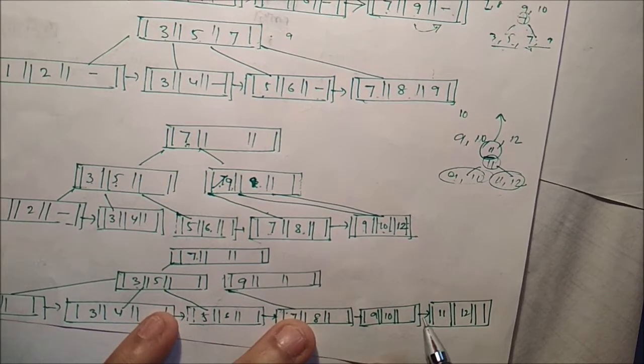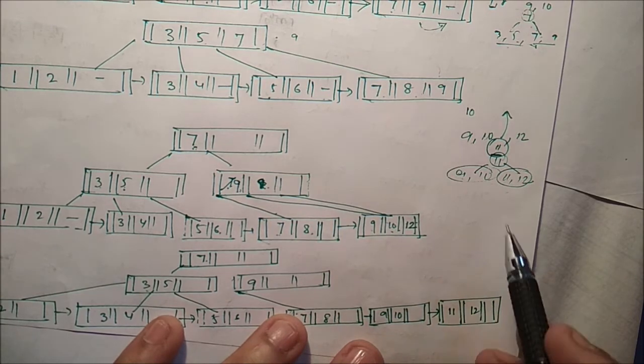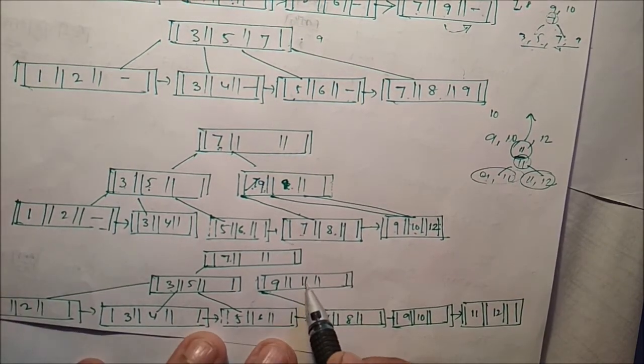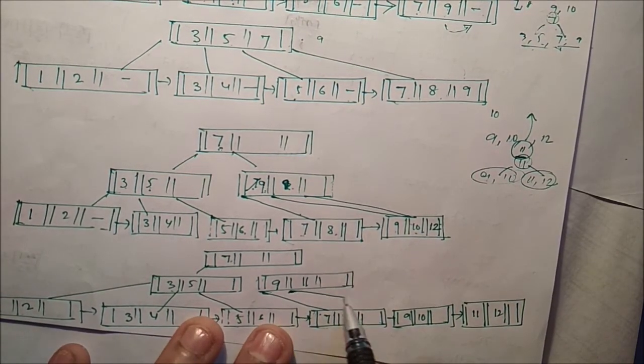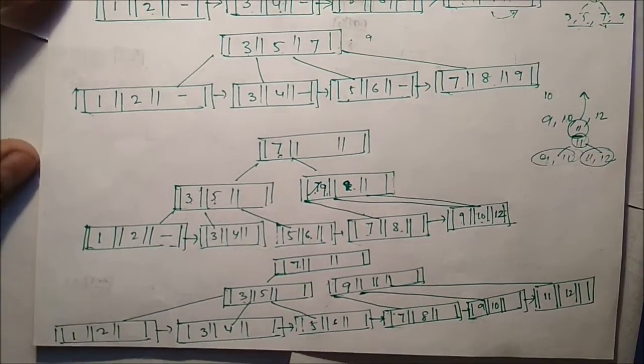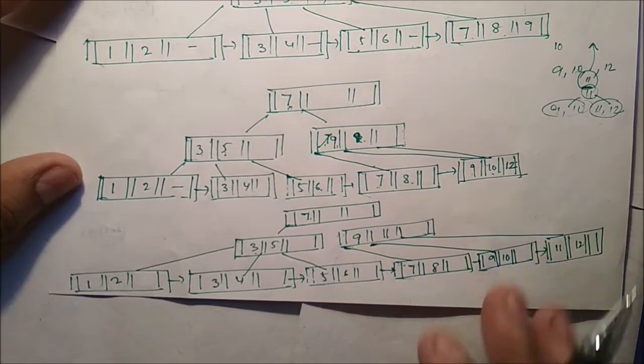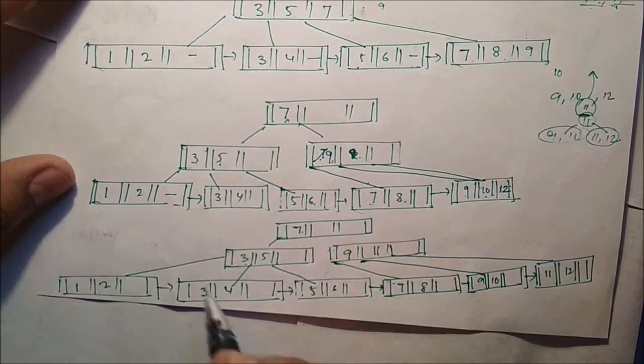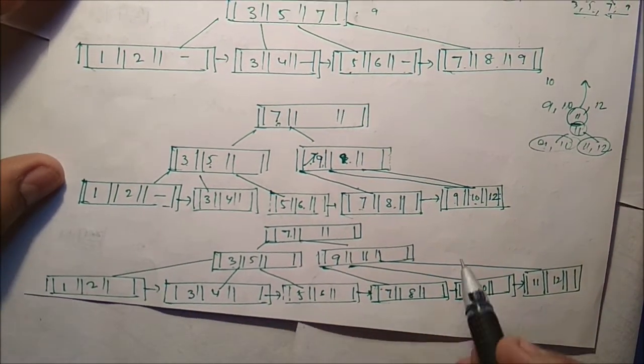Okay, and the root of this particular what? 11. So you have to put 11 here. So you have to connect this one here and this one. Are you getting this one? So in this way we can form a B plus tree.